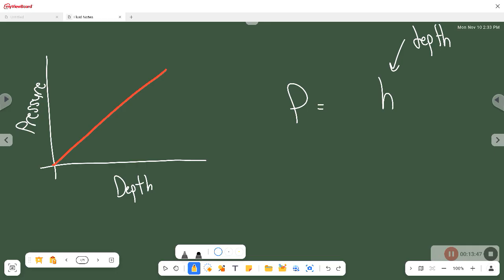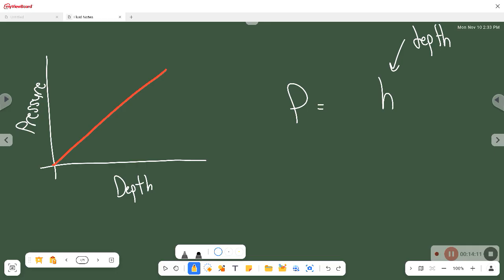Other factors that are going to affect it. Think about if you were in a more dense fluid than water, like, let's go with honey or something like that. That is more dense than water, right? That is going to press down on you more than if you were just in a pool of water, right?